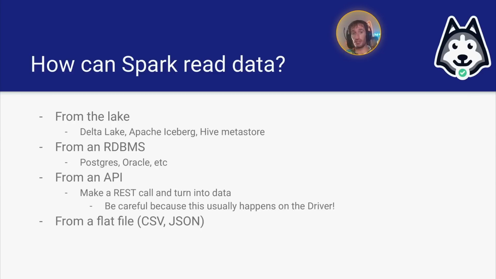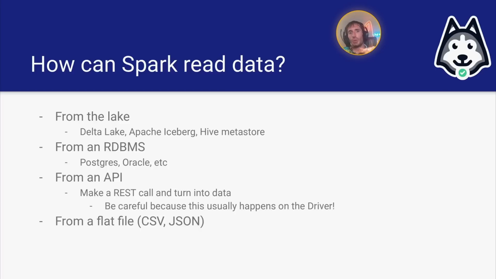That's a separate problem versus managing all the memory in the driver. Those are two separate problems that I find. Generally I find REST APIs to not be very Spark friendly. If it's one call, it's usually whatever. But if you're making a lot of calls, Spark might not be the right way to do it. So that's a thing to think about.